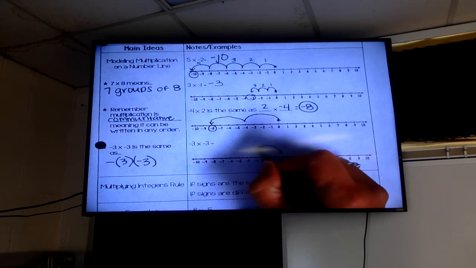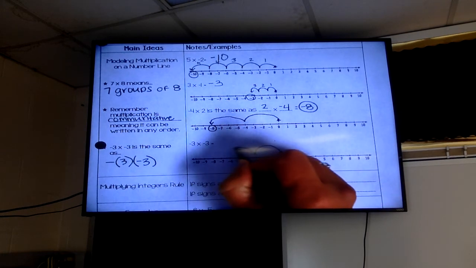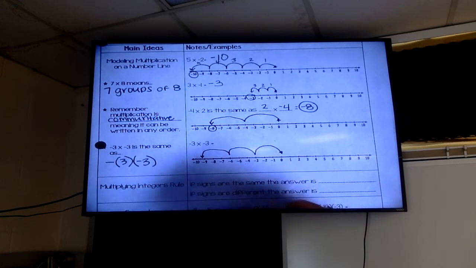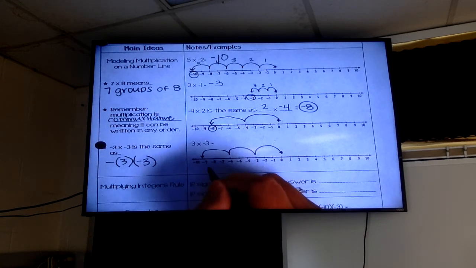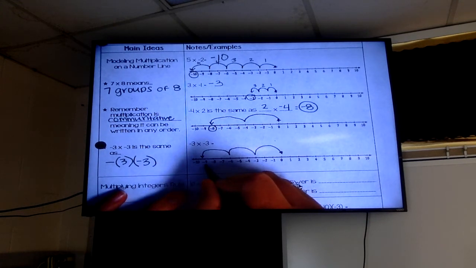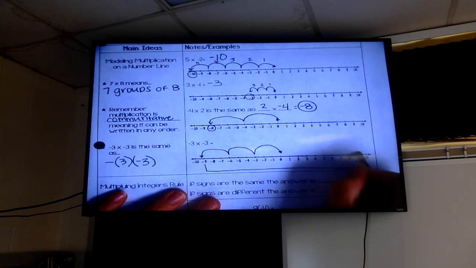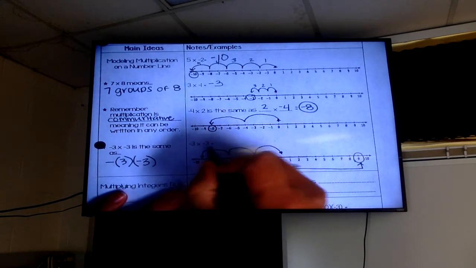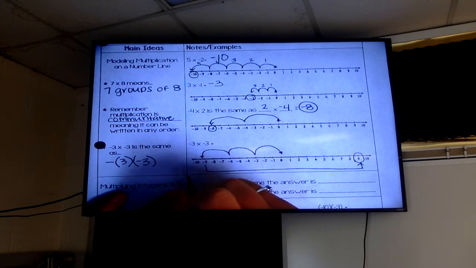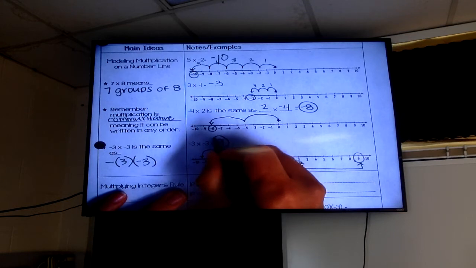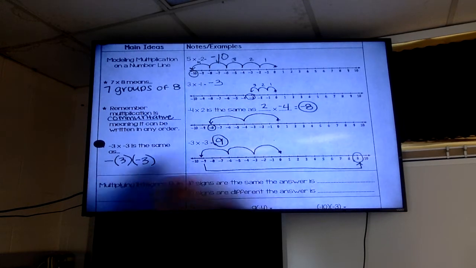Here's 1 group of negative 3, 2 groups, 3 groups, and I land on negative 9. But now it's saying the opposite of that. The opposite of negative 9 is positive 9. So I can see by my number line that negative 3 times negative 3 would give me positive 9 as an answer. And I just proved why.